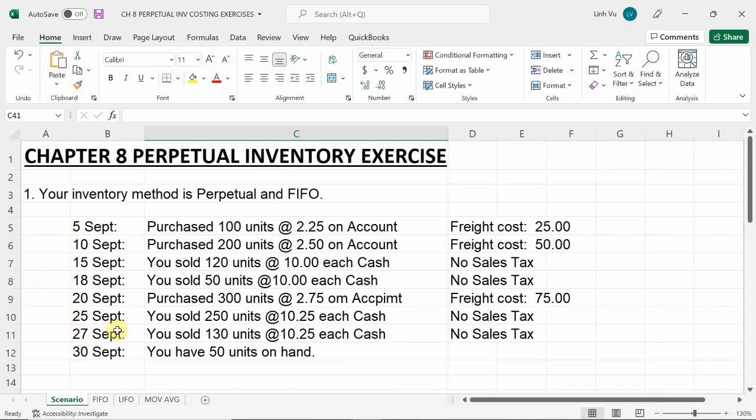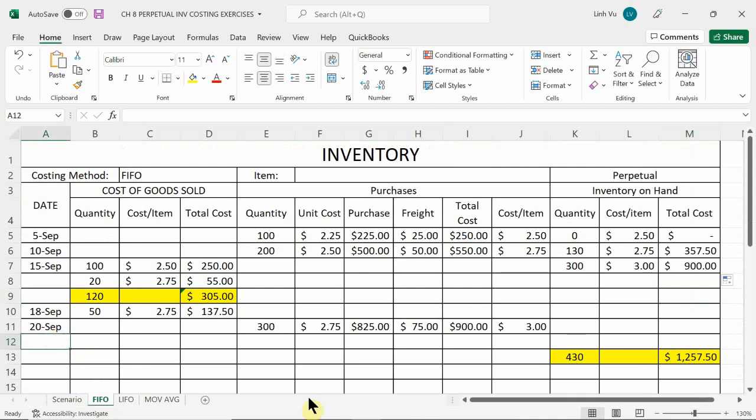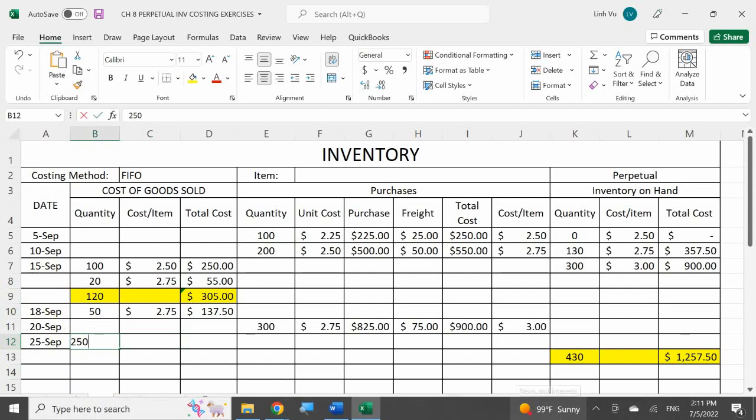September 25th rolls around and we sell 250 units. Which batch of inventory am I going to sell from first? The 130. That means I have to split up my inventory.